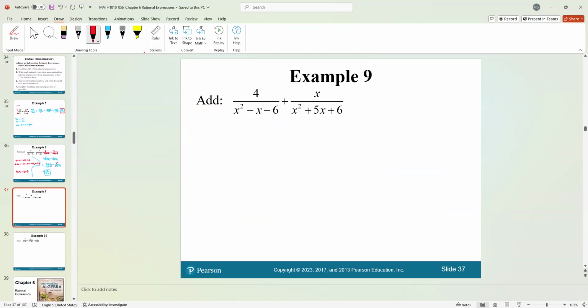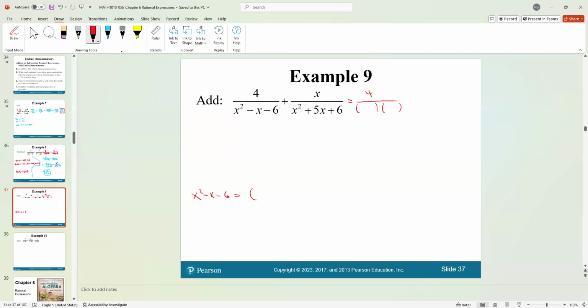Now, first of all, let's factor out. We really need to factor out the denominators, the 2 factors down here. That's the first thing to do. I'm going to write the first term here. So I realize x squared minus x minus 6. How would you factor?